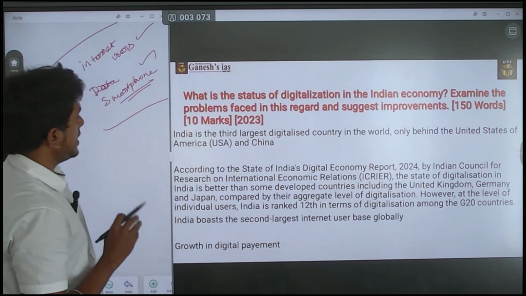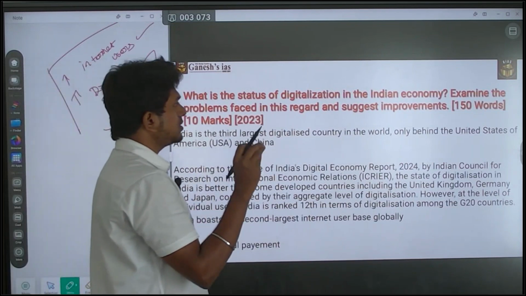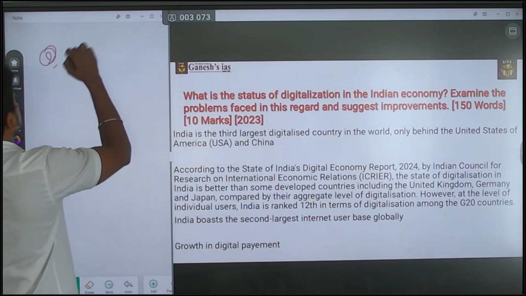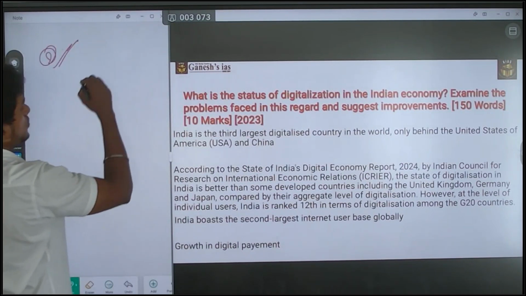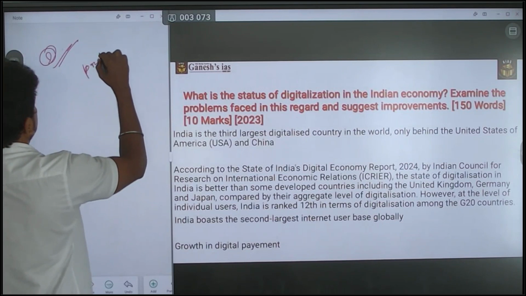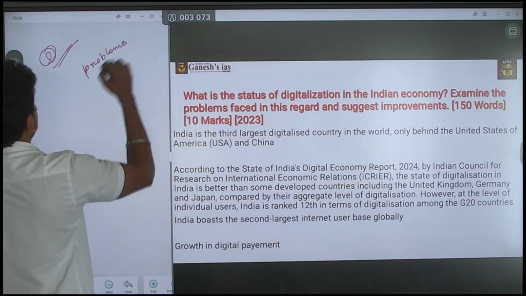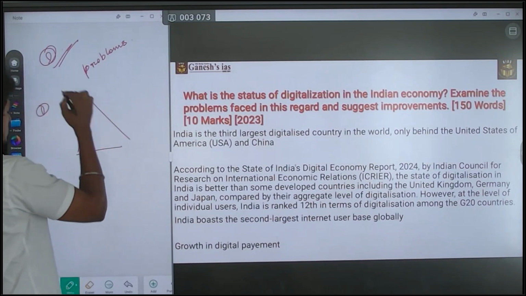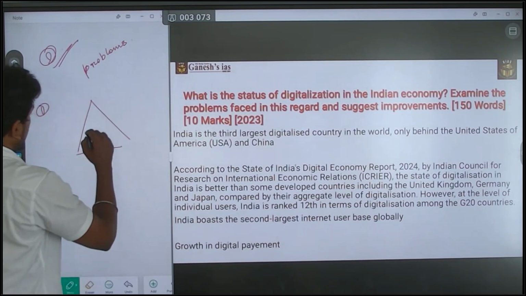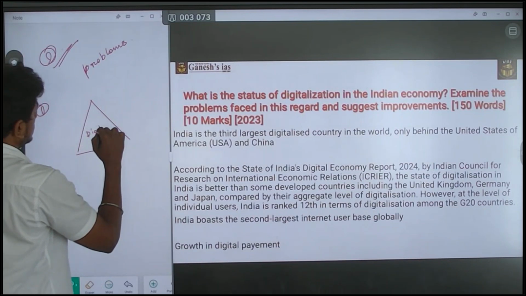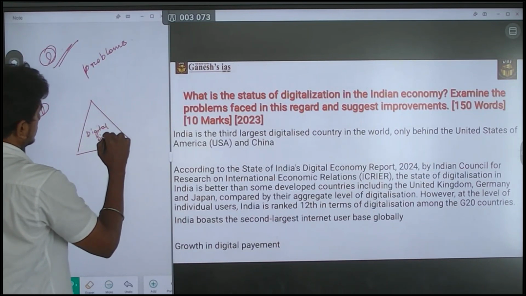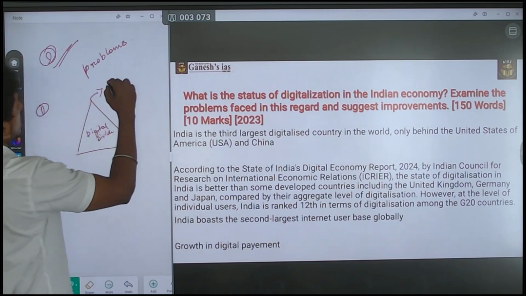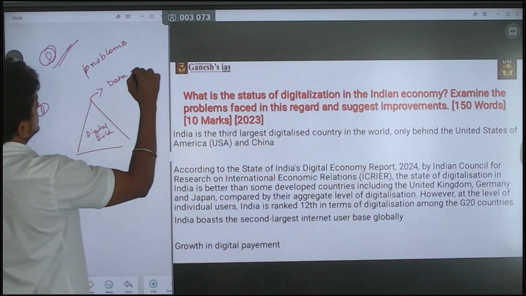Next, examine the problems faced in this regard. This is the second part of the question. So what are the problems? The first problem is the digital divide, with data price hikes.